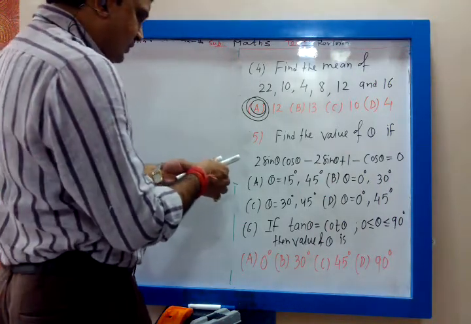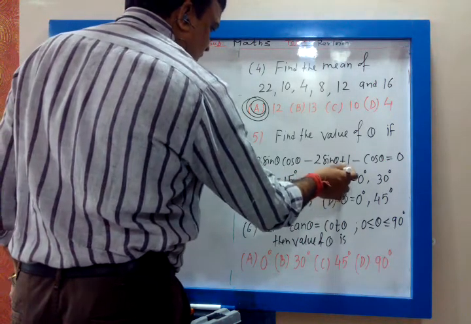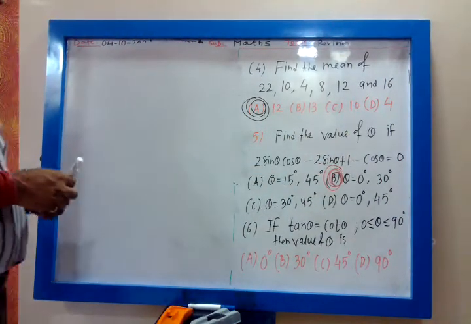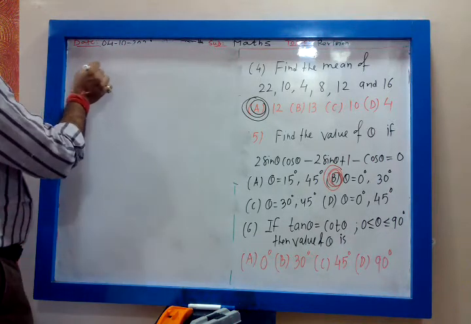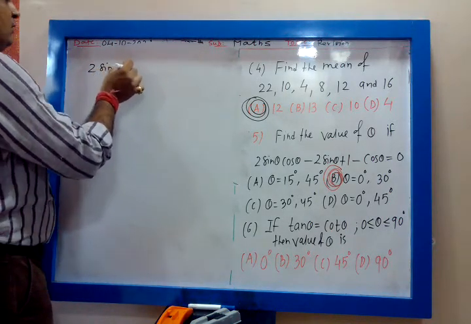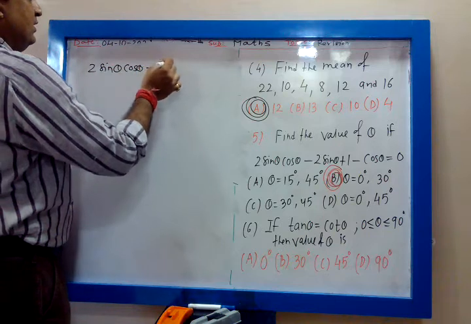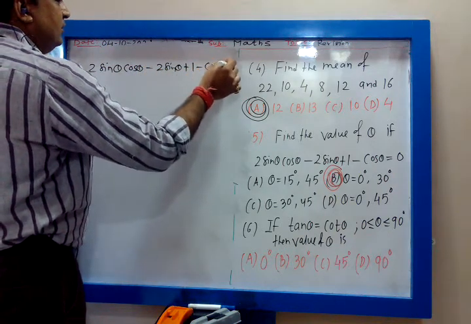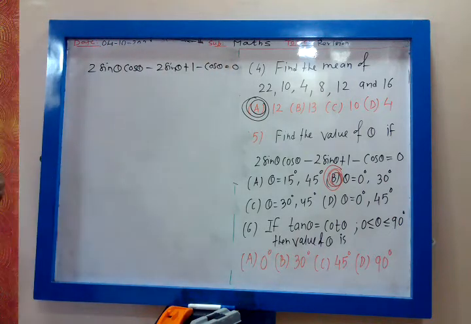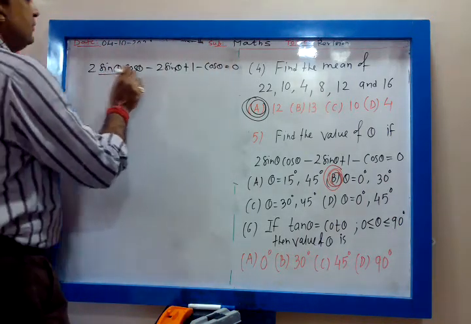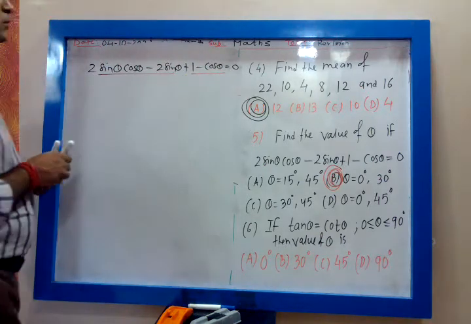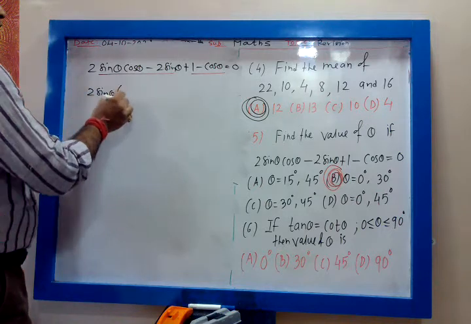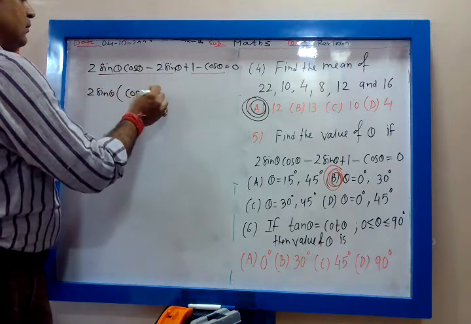B means theta is 0 degree or 30 degree. Let us see. 2 sin theta cos theta minus 2 sin theta plus 1 minus cos theta is equal to 0. Whenever 4 terms are there, you do the grouping of two terms. In the first two terms, 2 sin theta is common. Then what is left? Cos theta minus 1.